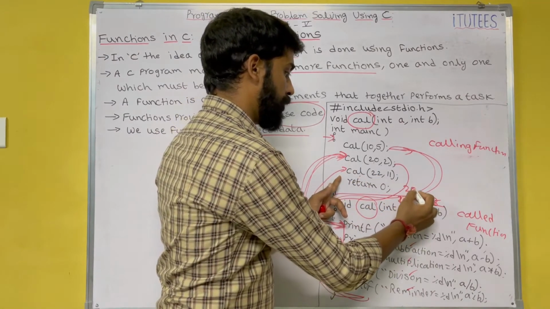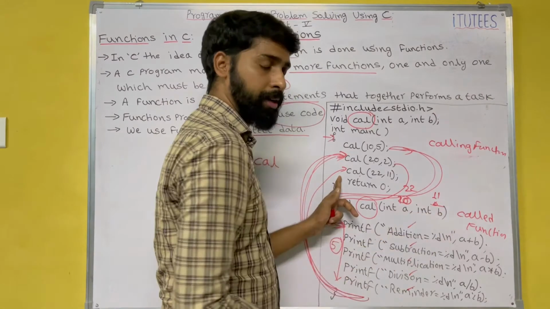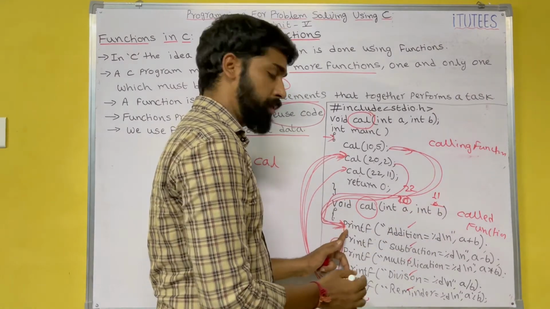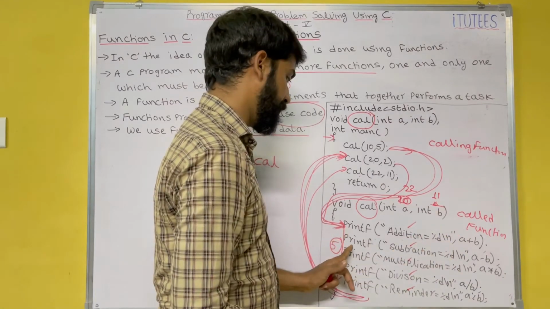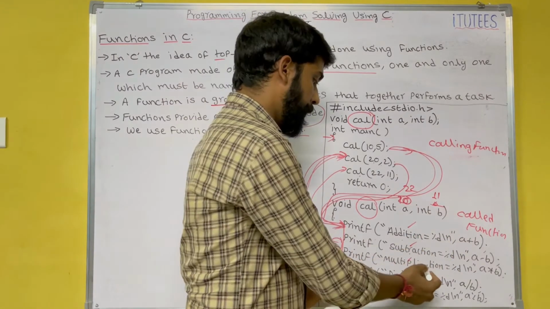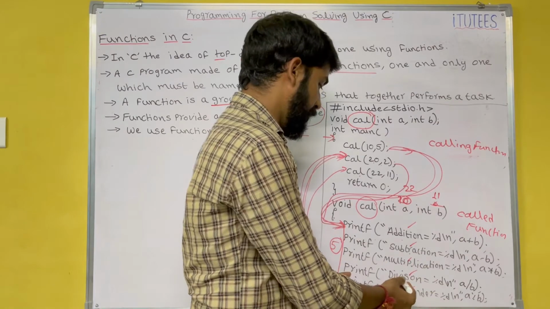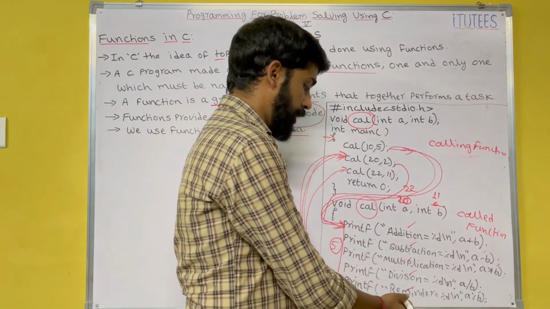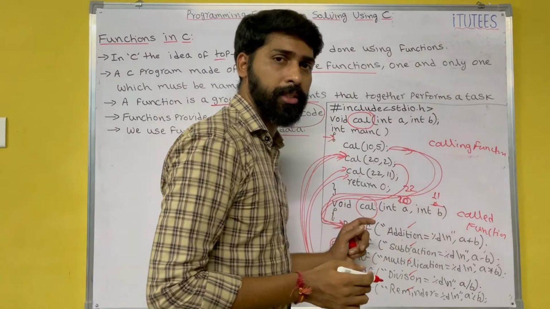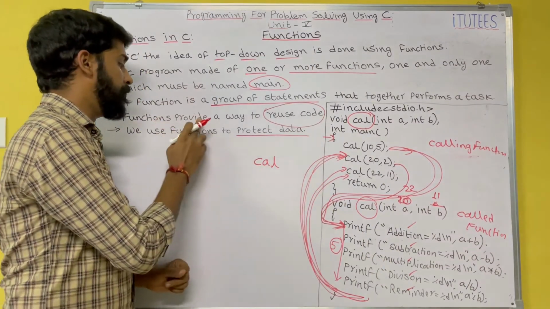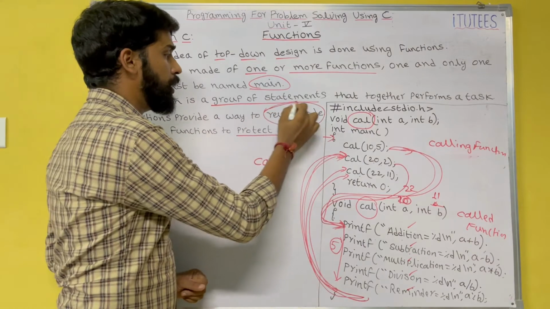Now the a value is 22, b value is 11. Again we move to the first instruction in the called function: addition 33, subtraction 11, multiplication 242, division 2, and remainder 0. Then we move to the calling function.